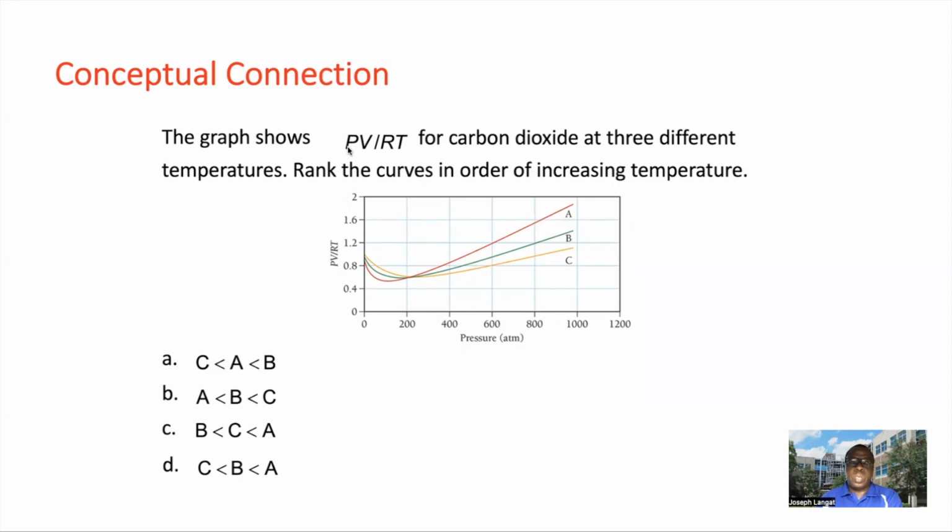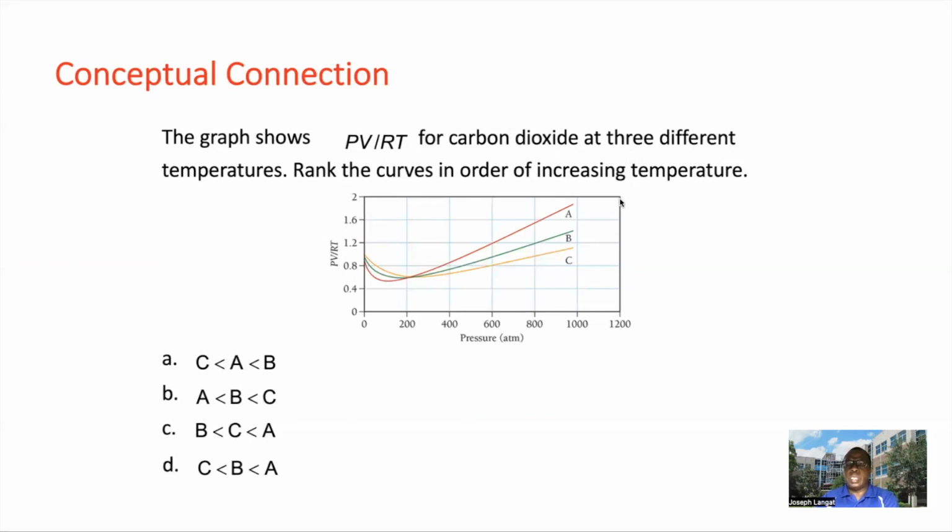The graph shows PV over nRT, that is pressure times volume, at constant temperature, on the y-axis for carbon dioxide at 3 different temperatures. Rank the curves in order of increasing temperature.